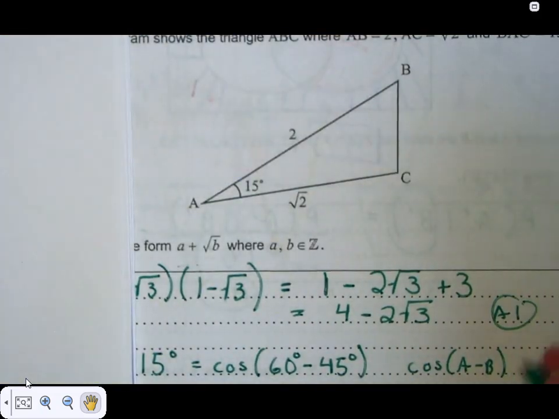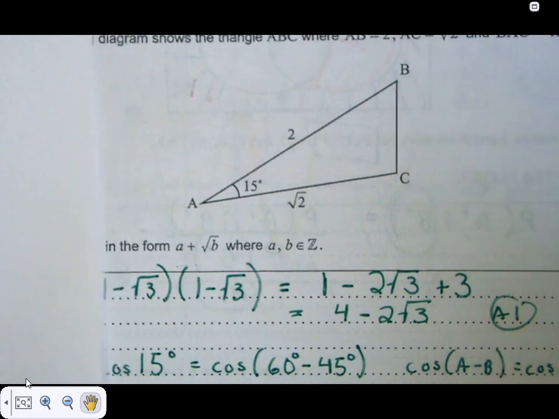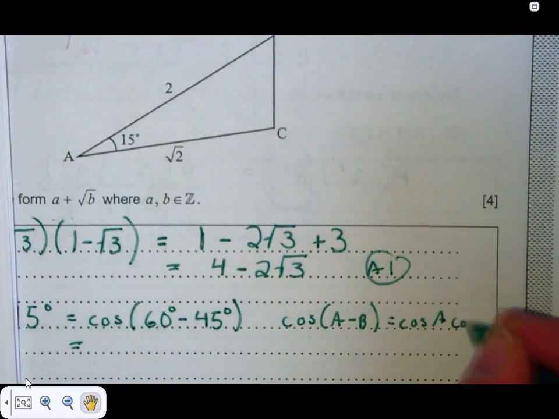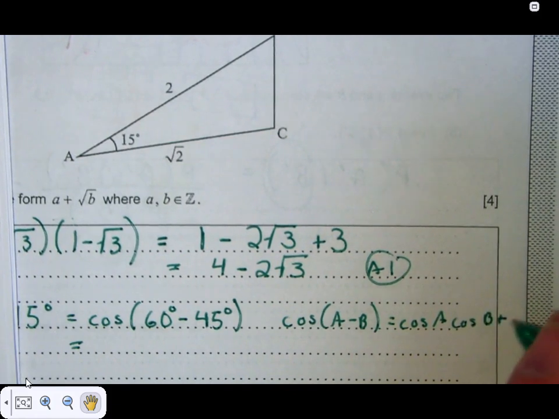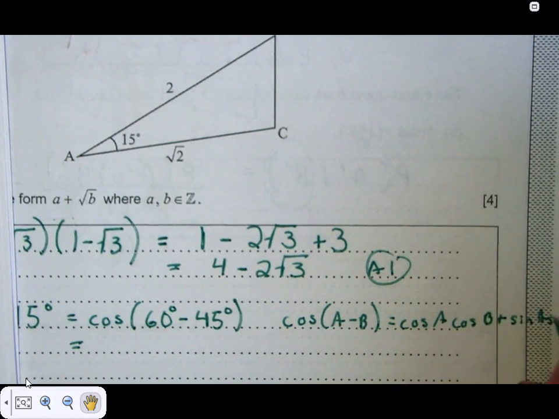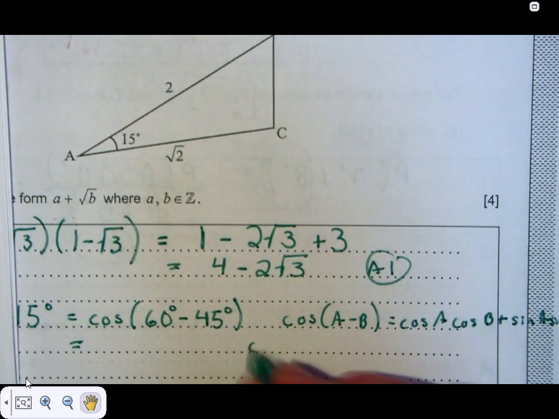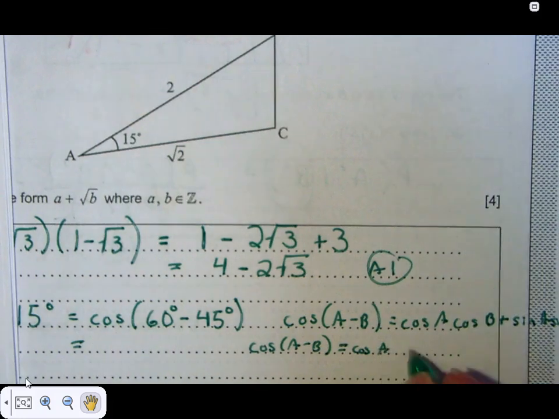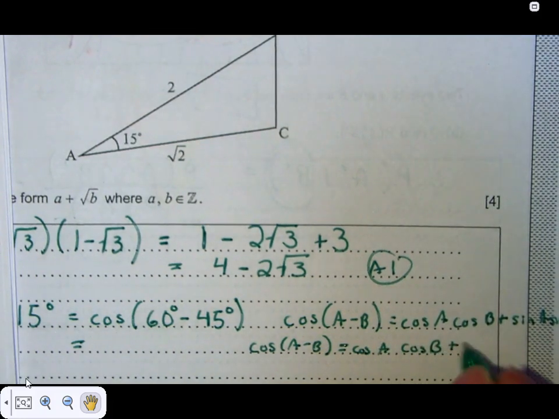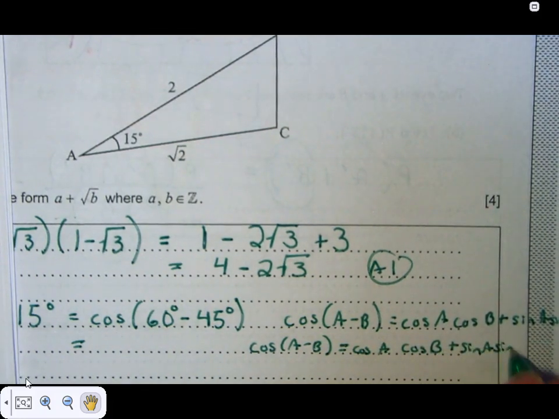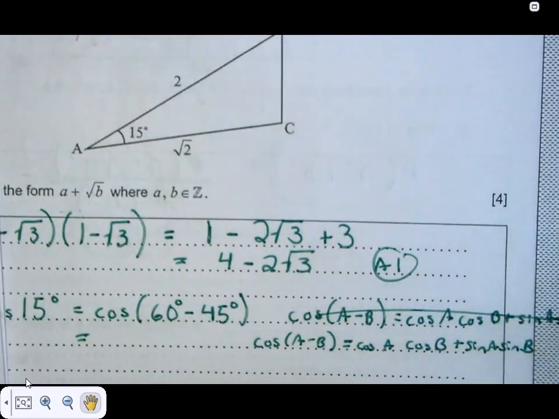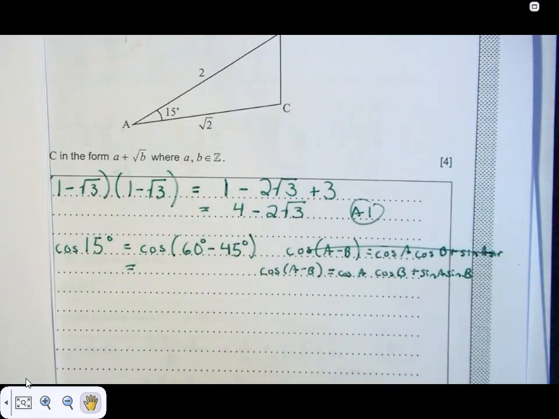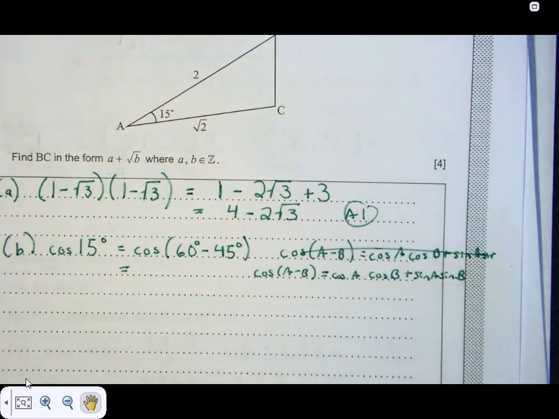Okay, so the formula is cosine A cosine B plus sine A sine B. I don't know if it's going to run off the page there, and it did run off. I'll try to write it here. Okay.